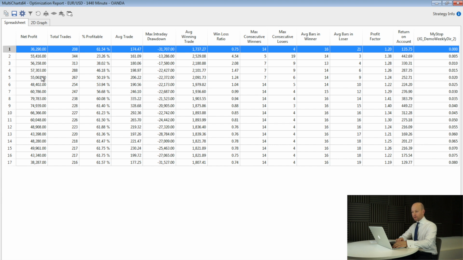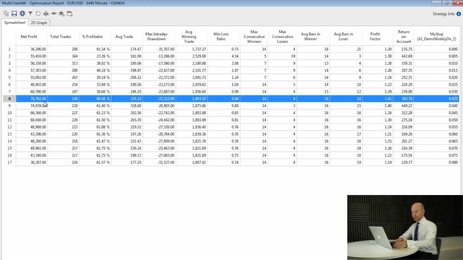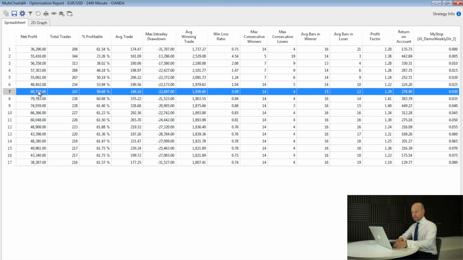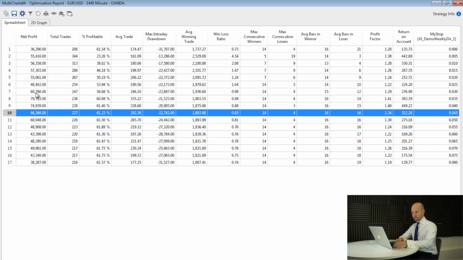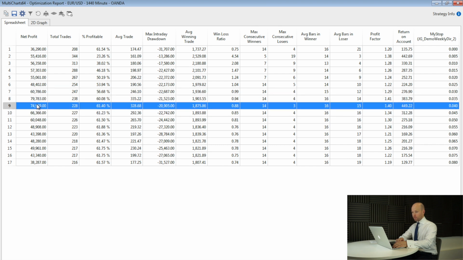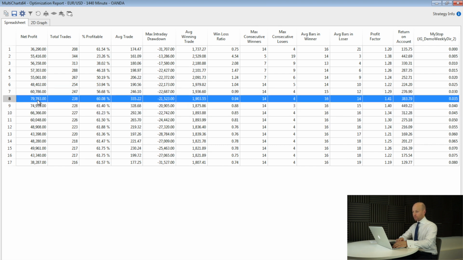And this is one of the rare occasions where the stop loss really improves the results on the strategy. And we can see quite quickly that we've got decent numbers. We've got 60, 79, 74, 66. So we've got some quite stable areas around here. 400, 350. So let's use a 350 pip stop loss and see how that works.